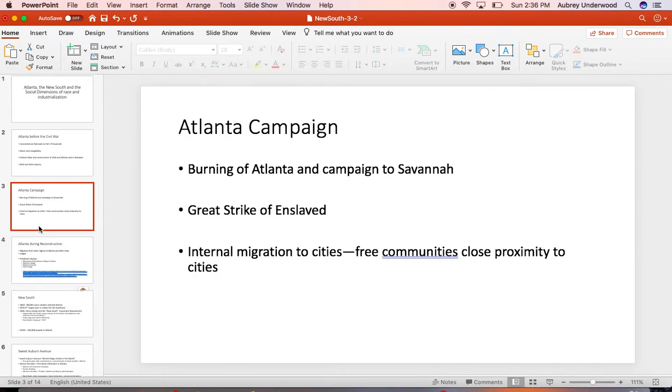As a consequence of this, there will be an internal migration in the South to both free communities that are already in existence around cities and also into cities themselves. Although the Great Migration is the term that refers to migration of African Americans in and around the First World War, an internal mini migration is going on of African Americans leaving rural plantations and moving to the cities.